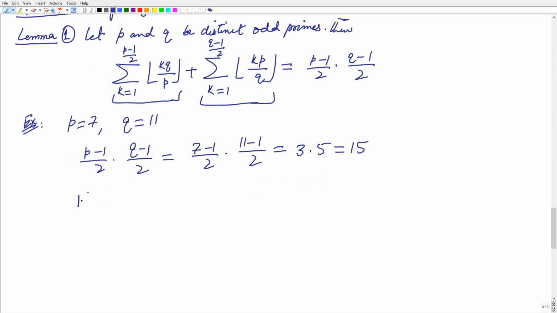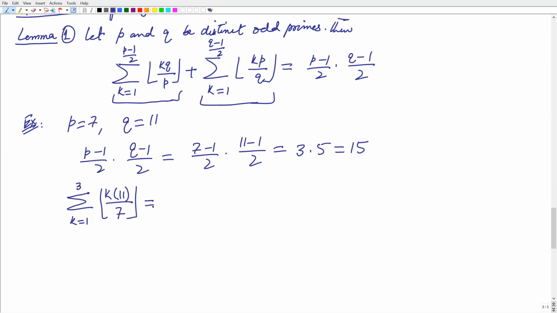The sum from k equals 1 to (p minus 1) by 2, which is 3, of kq over p. Here q is 11 and p is 7, with the floor function.